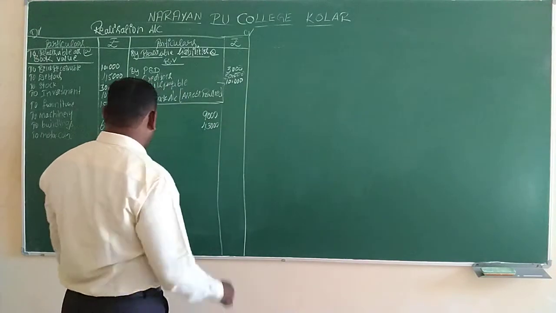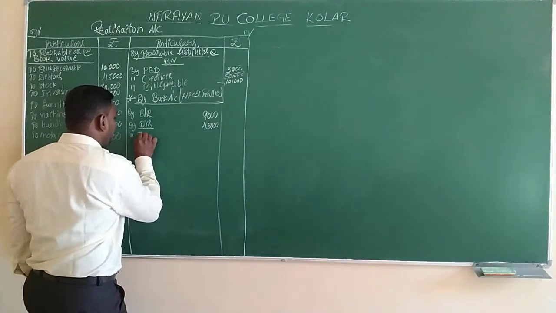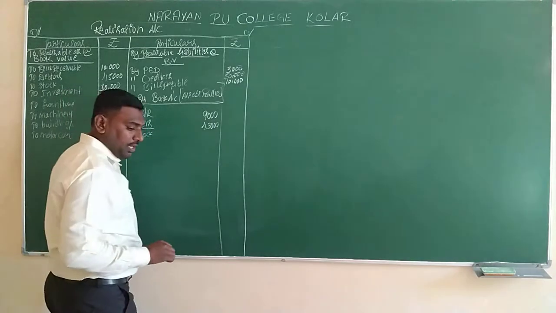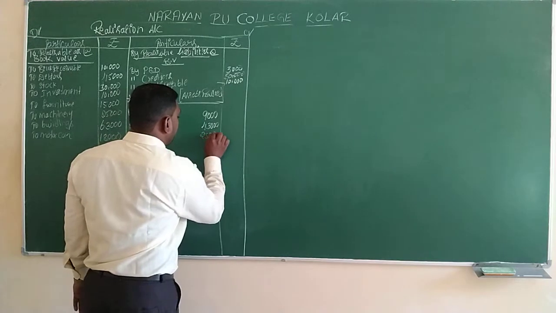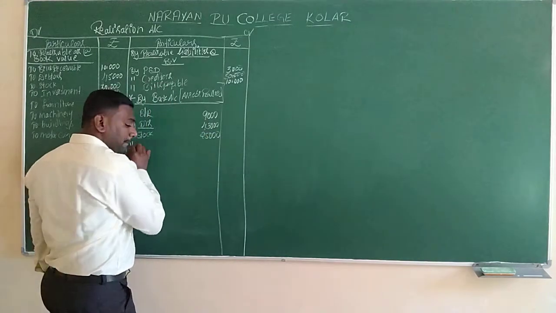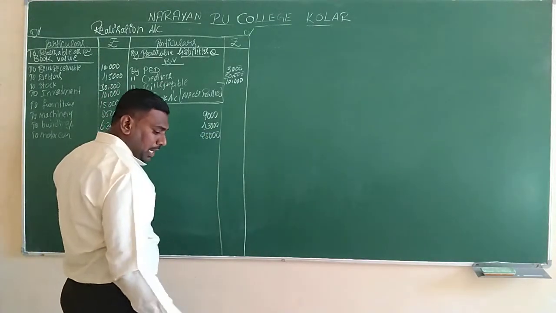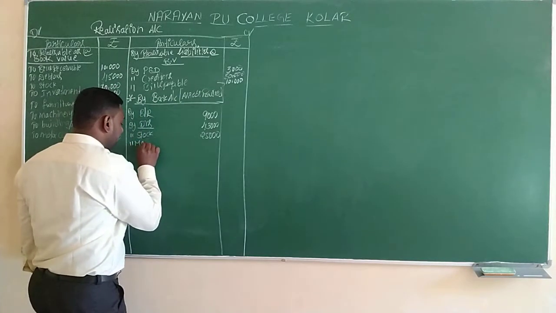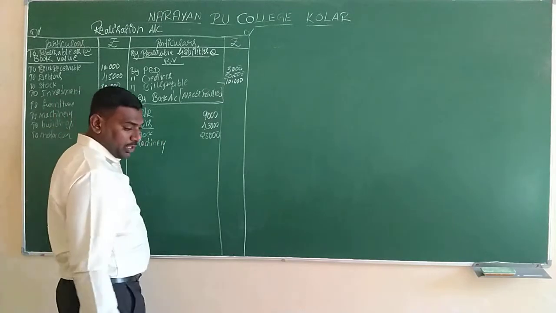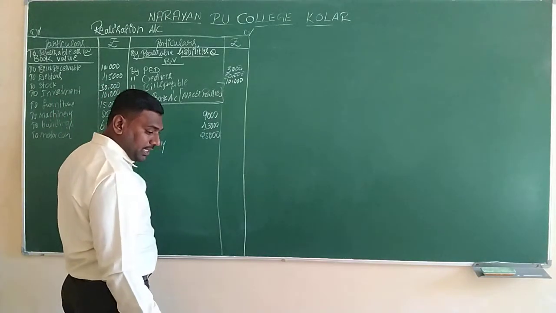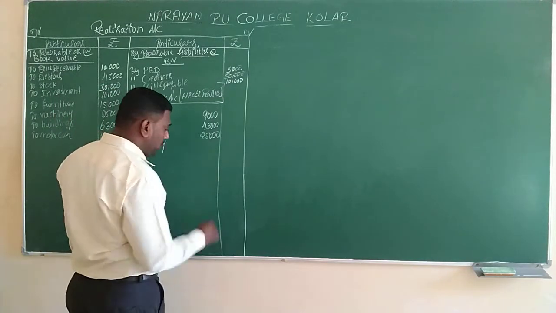After that, stock. The value of stock given is 25,000. After that, by machinery. The value of machinery is 24,000.